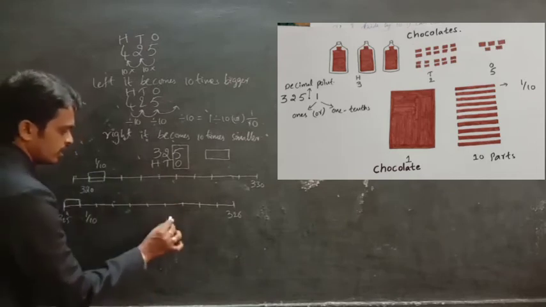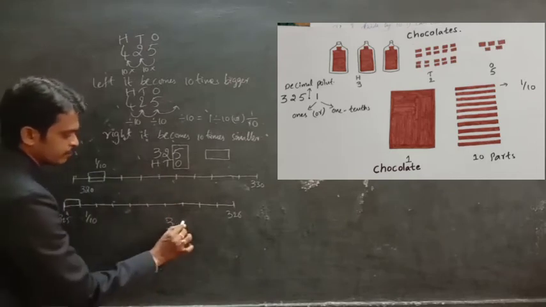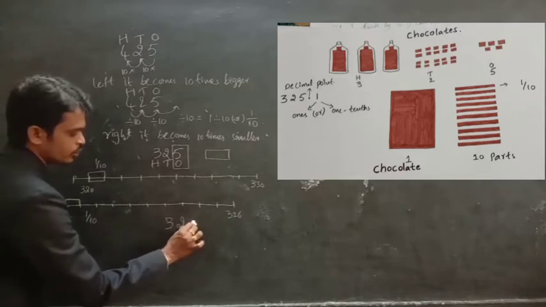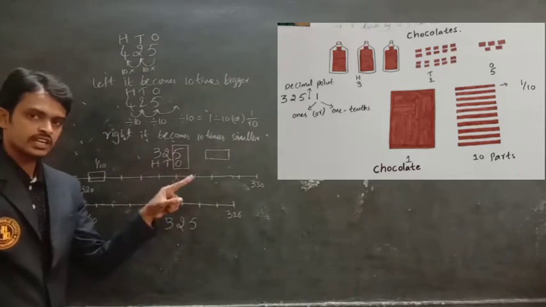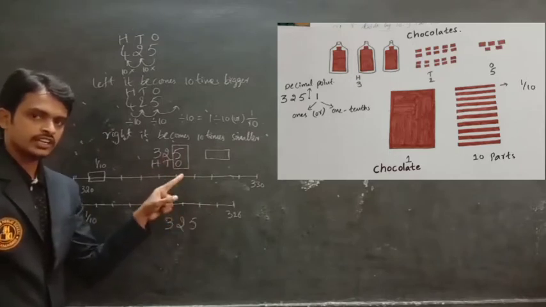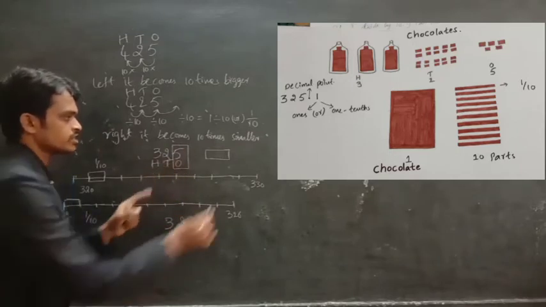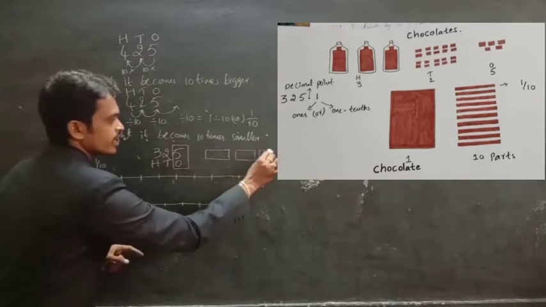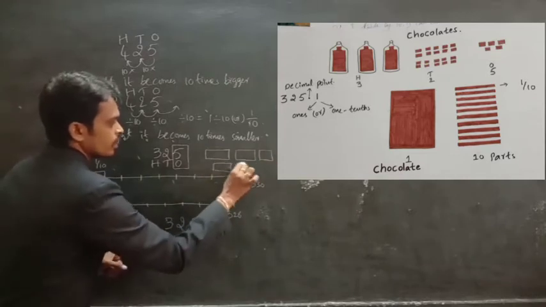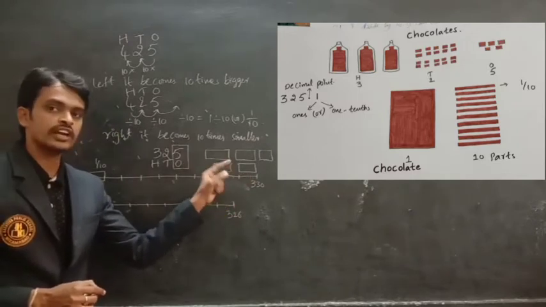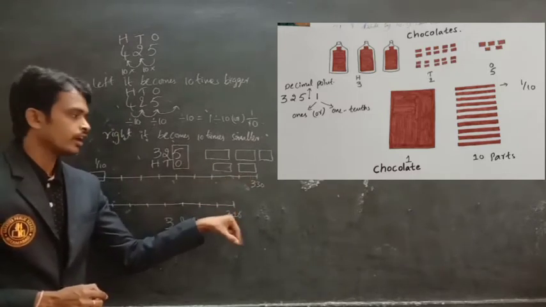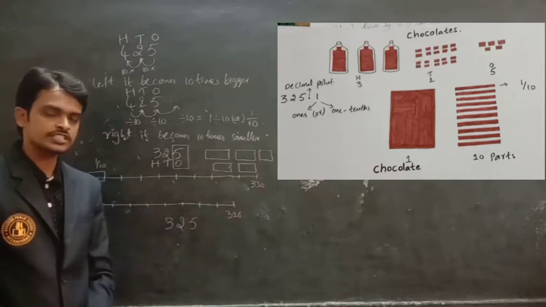After this, if I write the number 3, 2, 5, that one chocolate in the one's place, I divided into 10 equal parts.